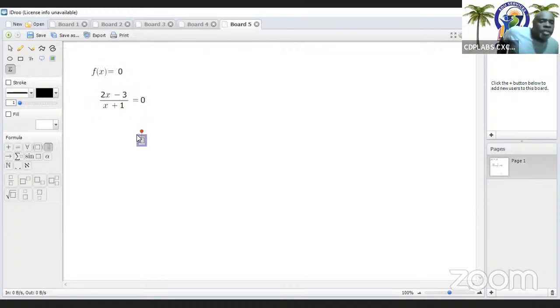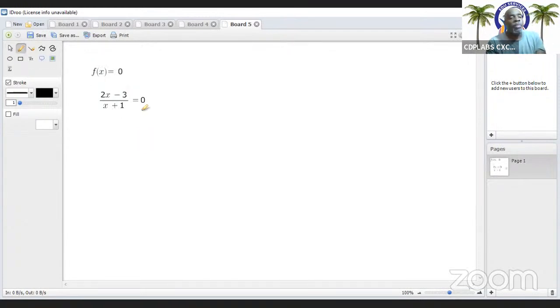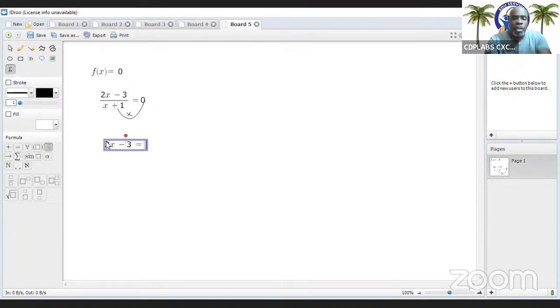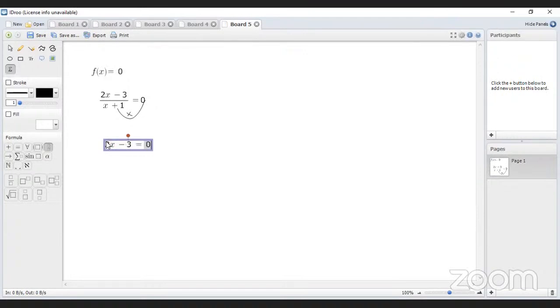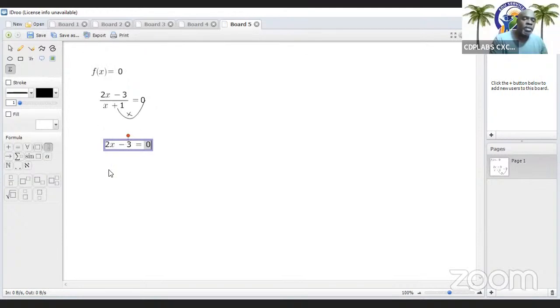Now, in a case like this, I can cross multiply. When you cross multiply, you multiply this by that, and what that comes up with is 2x minus 3, because anything you multiply by 0 gives you back 0. So the entire thing will multiply by 0.